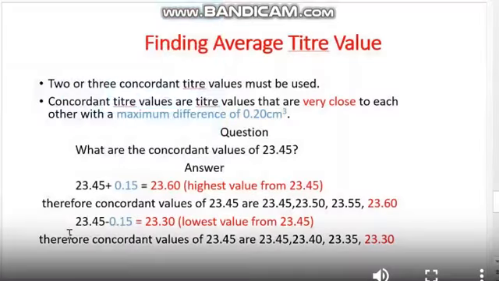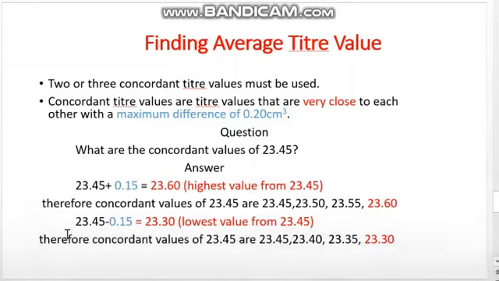So now going towards the decreasing side, we minus 0.15. When we minus 0.15, we now have 23.30, which will represent the lowest value from 23.45 if you are counting down. So therefore, concordant values of 23.45 are 23.45 itself. You start counting downwards, decreasing.